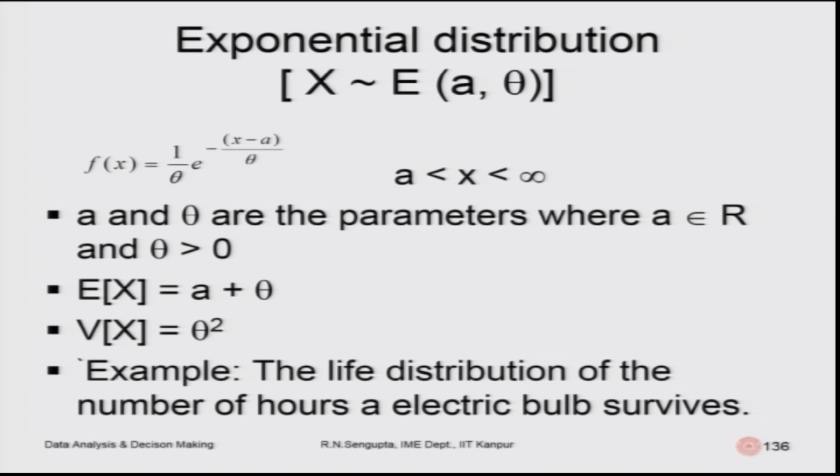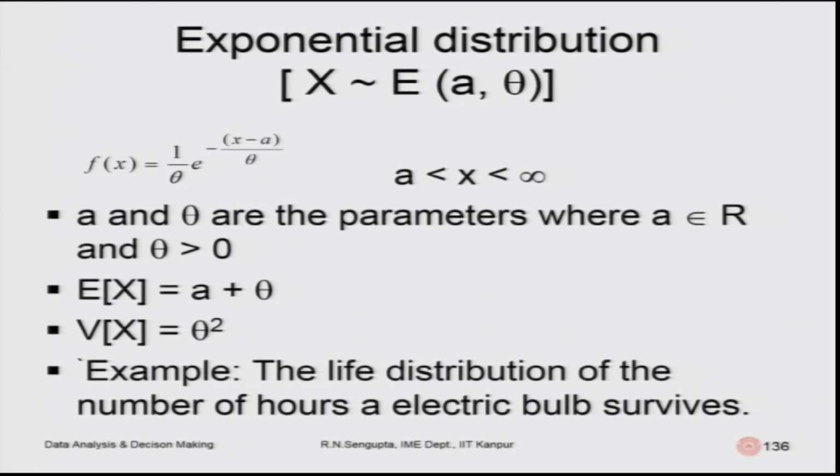Next, we will consider the exponential distribution. The exponential distribution is denoted by E, x is the random variable, and the parameters are a and theta. Remember, a and theta in some cases can be made 0 depending on the assumptions. f of x, which is the PDF, is given by 1 by theta e to the power minus in bracket x minus a divided by theta, and x values are from a to infinity.